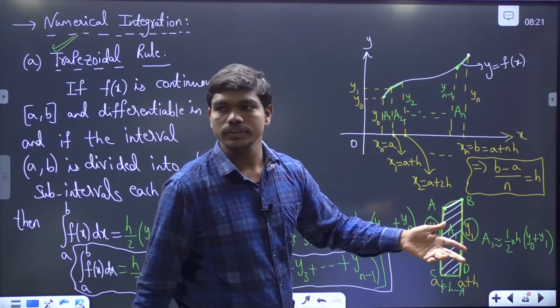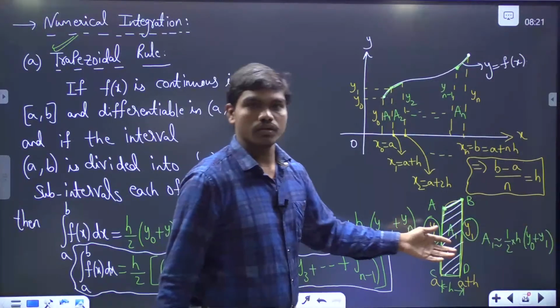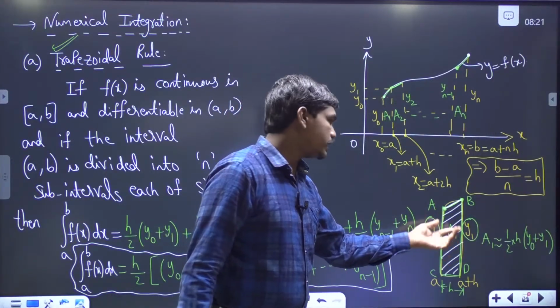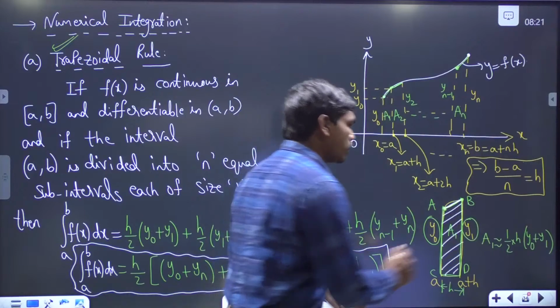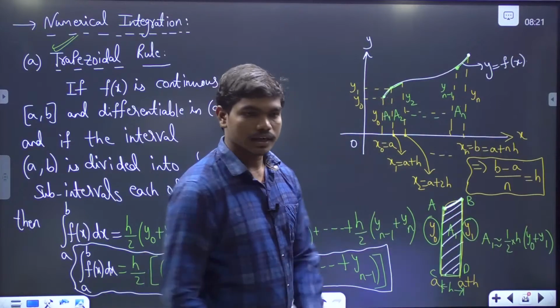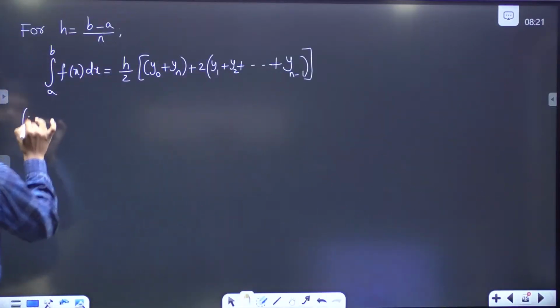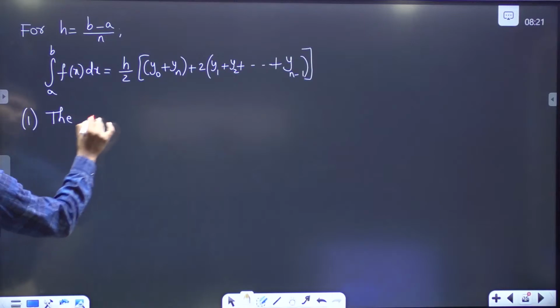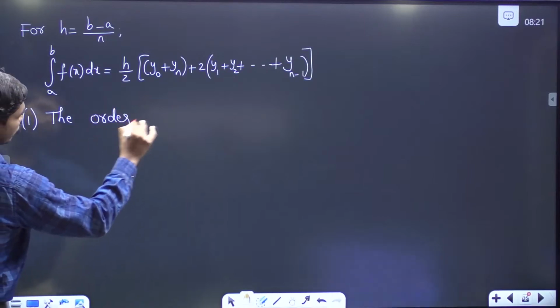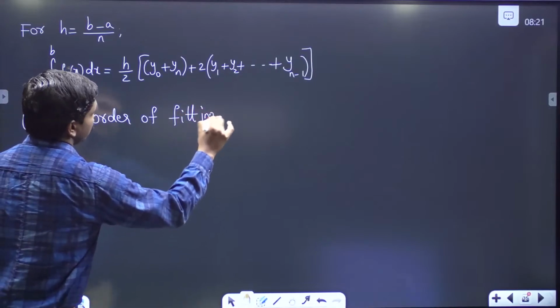What's the degree of a linear equation? 1. Correct? So the order of the fitting polynomial that we are fitting here to join these 2 points is 1.